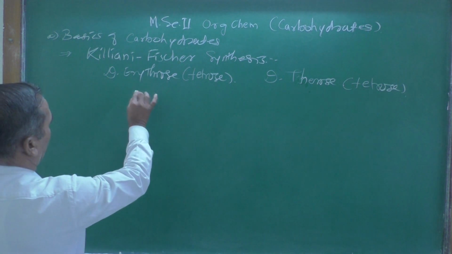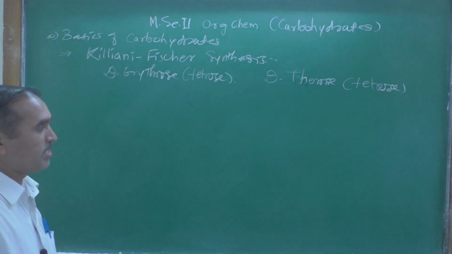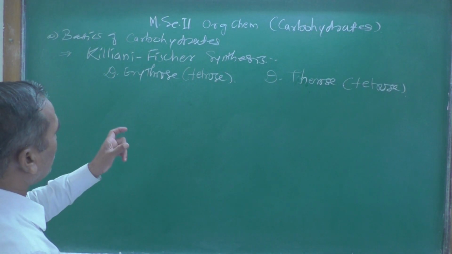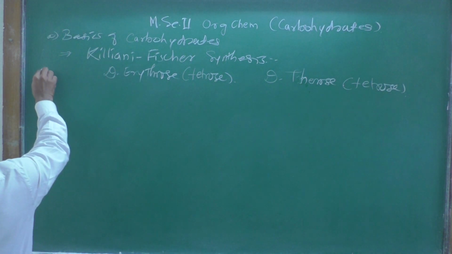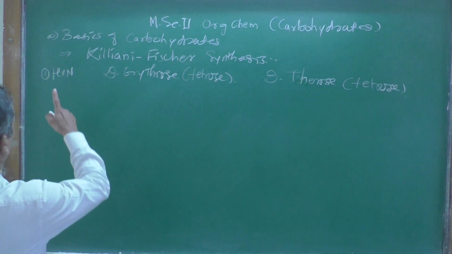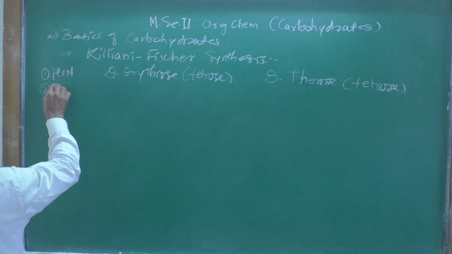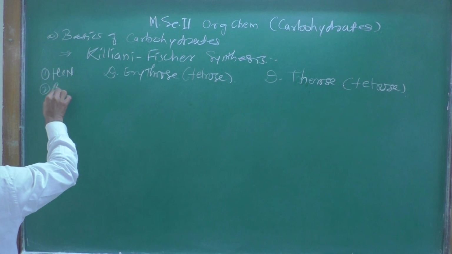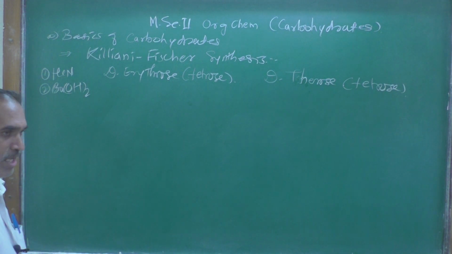Now when this is treated with hydrogen cyanide, first we use hydrogen cyanide as the reagent that forms a cyanohydrin derivative. Second, we use barium hydroxide, and hydrolysis takes place twice, so the cyanide group is converted into an acid. Third, we just heat it, and the elimination reaction takes place.